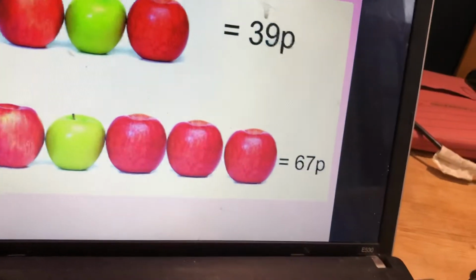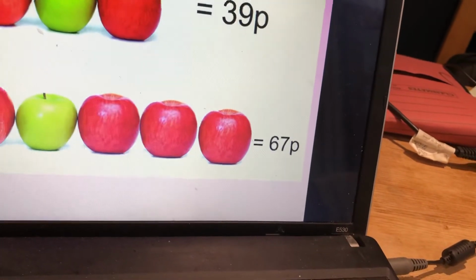We'll do a quick jotting. So I think that 2 red apples is 28p. So if 2 red apples is 28p, obviously 1 red apple must be 14p.